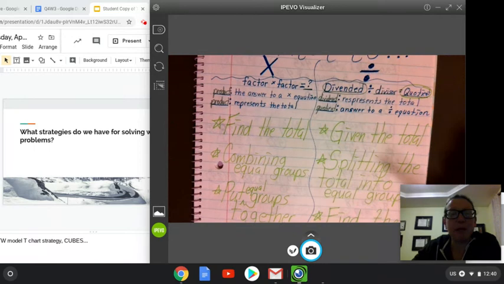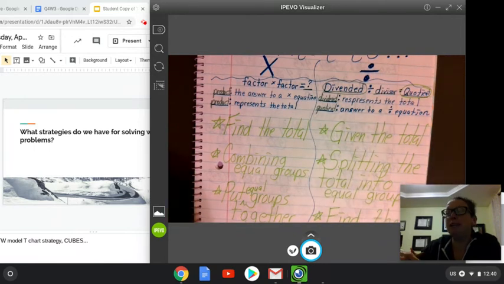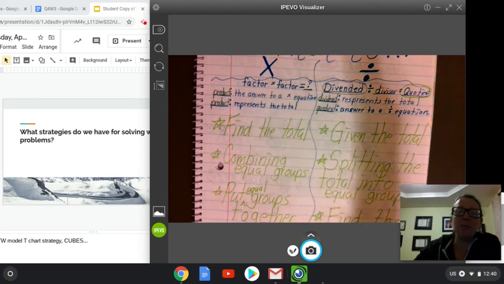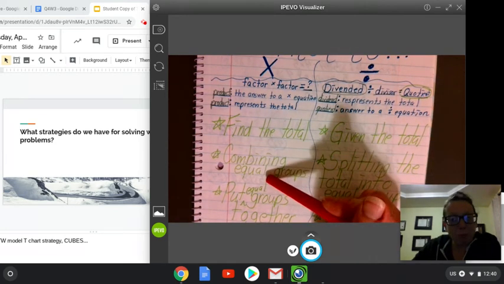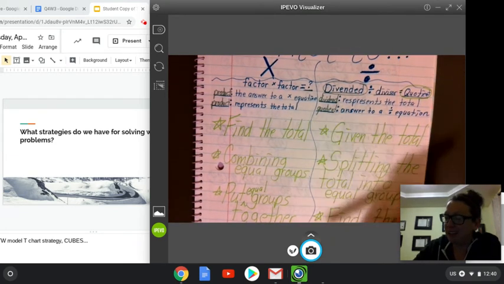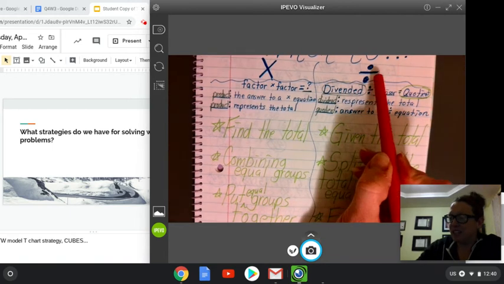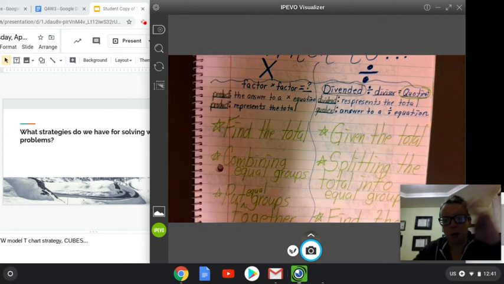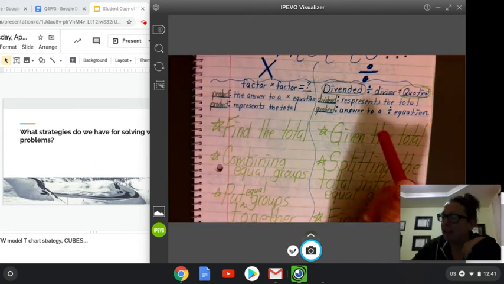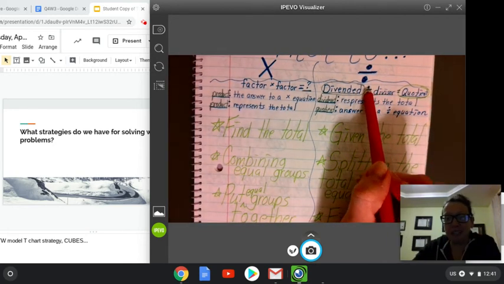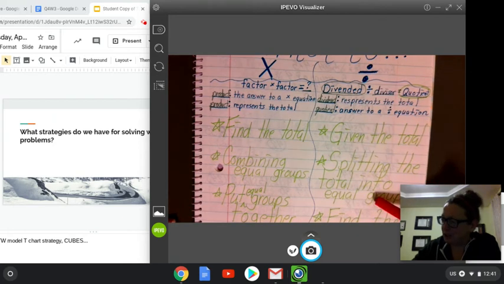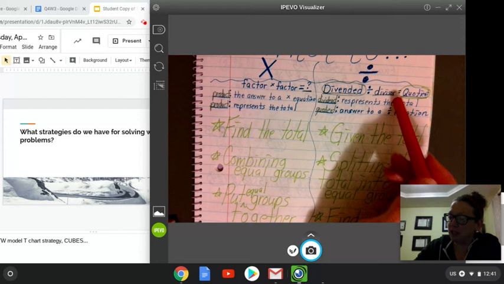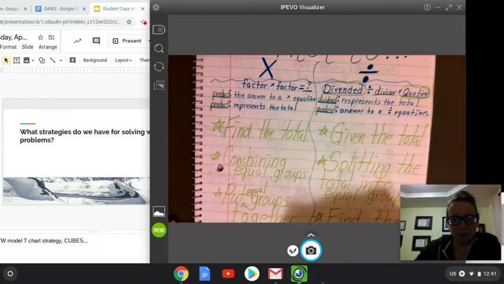That's like when we skip count or we use repeated addition. We're combining the same groups and we're combining those groups to find a total. In division, we have our dividend, which represents our total, our whole, the number that we are splitting into equal groups, and we're trying to find the quotient or the answer to a division problem.